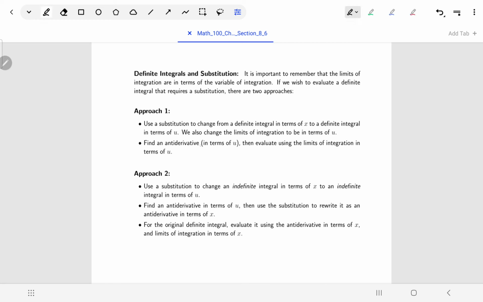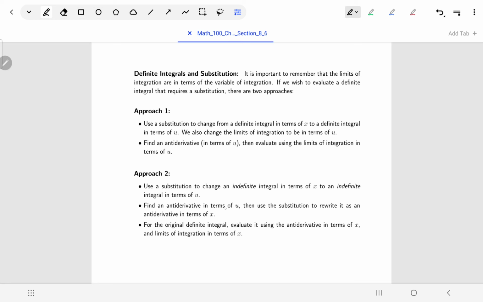And then that's sort of nice because once you find your antiderivative in terms of u, you don't need to go back in terms of x because you have u values. You can go right ahead and use those u values and put them in. The other approach is to ignore the definite integral side of things for now and just treat it as an indefinite integral. There you can do your substitution and find an indefinite integral in terms of u instead.